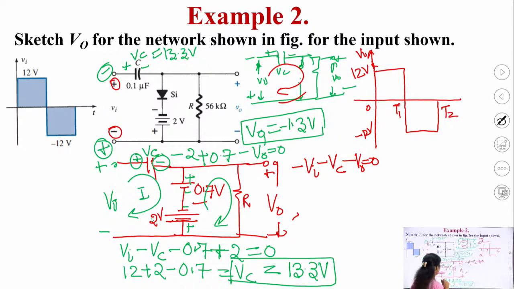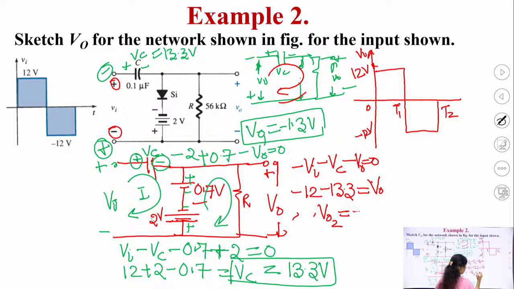So, how much Vi? 12 volt again, because we have taken care of the sign in the KVL itself. That is why we will not again put the sign here, we will write only the magnitude. So, this is minus 12 and minus 13.3 volts, and that is equal to V naught. So, V naught 2 is equal to minus 25.3 volts.